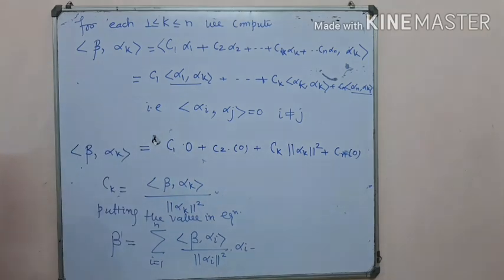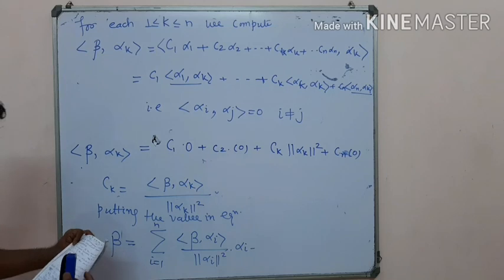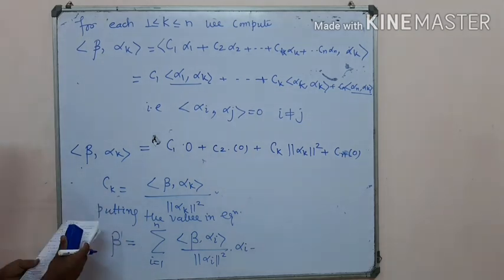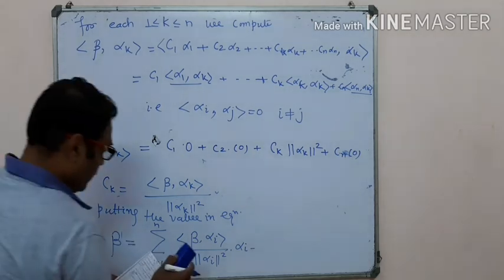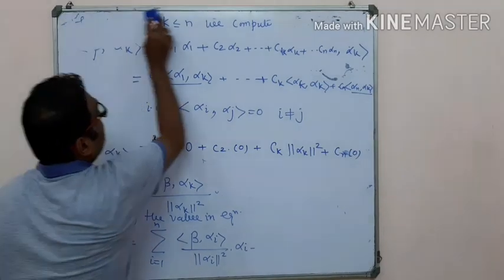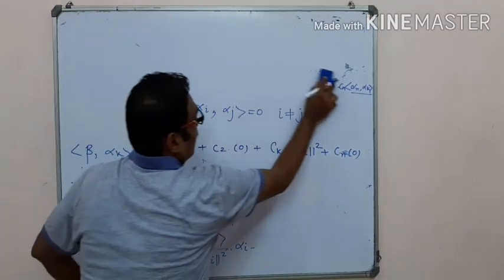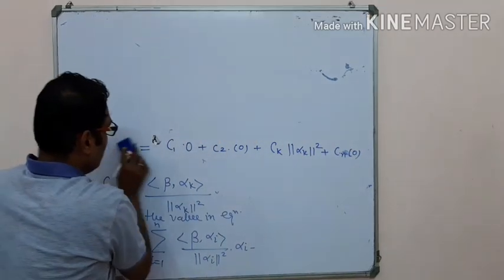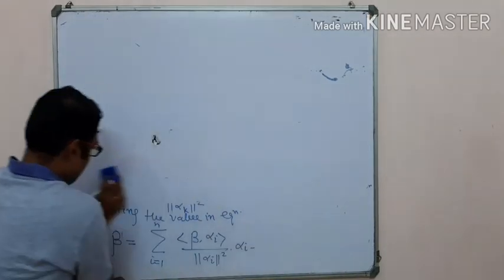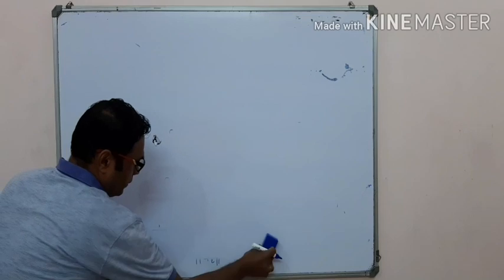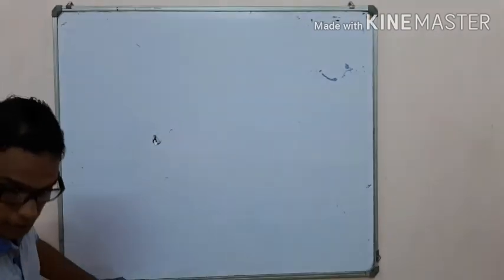This is our expression. Now we come to the next theorem related to this set: any orthogonal set of vectors is linearly independent.